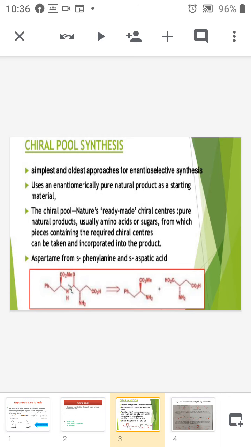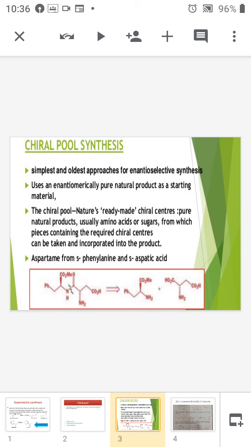For example, aspartame, which is prepared from S-phenylalanine and aspartic acid. See here, the product shown on the left-hand side is the targeted compound. We do retrosynthetic analysis of the targeted compound; this arrow implies retrosynthetic analysis.